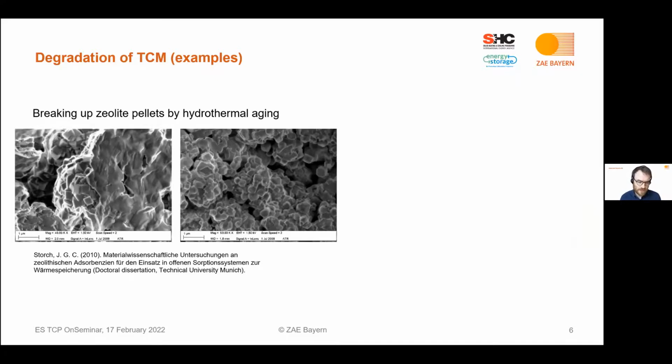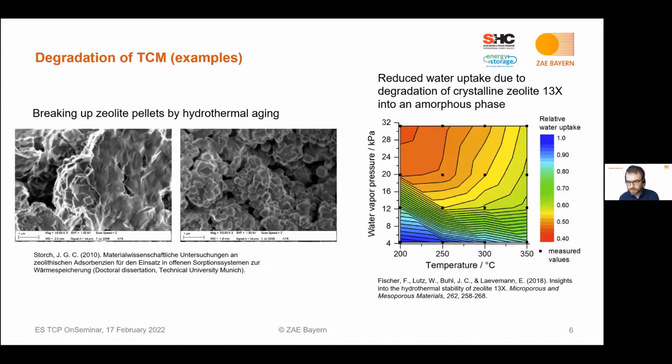You see on the left that the outer pellet surface is broken, and in the picture on the right with advanced degradation, you see that the structure of the cubes is also rounded, is degrading. Such degradation can lead to reduced water uptake of the zeolite, but it doesn't have to be as bad as shown on the left side. You can also have a change in the inner crystalline structure, for example a transition to an amorphous phase.